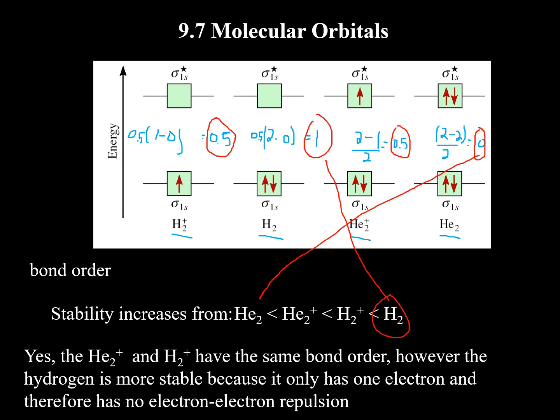And comparing the 0.5 between H2 plus and He2 plus, the He2 plus would be less stable because we have 3 electrons here, and it's slightly less stable intuitively because we have electrons which are closer together, more repulsion, and therefore it would be less stable. And that concludes our chapter 9.